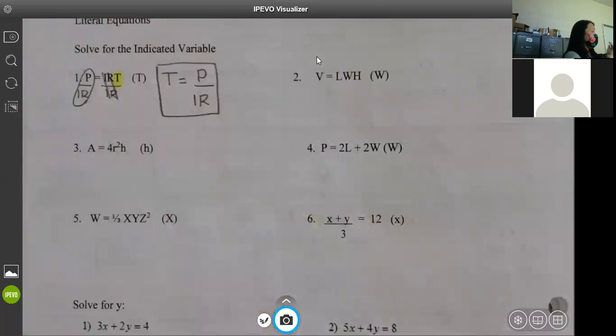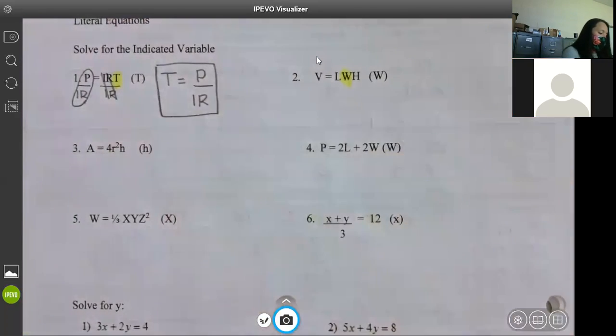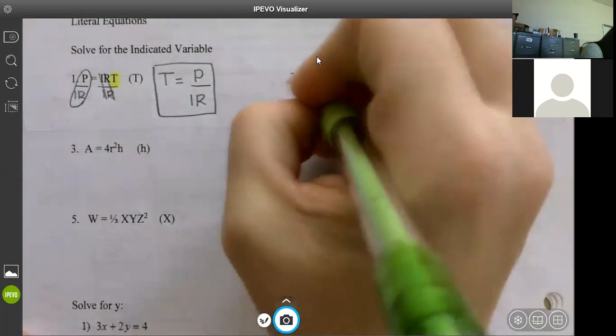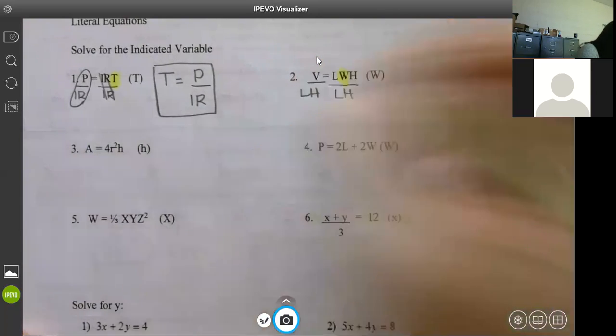Number 2 is exactly the same way. If we look at L, W, and H, they're all side by side, which means we're doing what operation? Multiply. What's the opposite of multiply? I only want the W. So what do I need to get rid of? So I divide both at the same time because they're all being multiplied together.